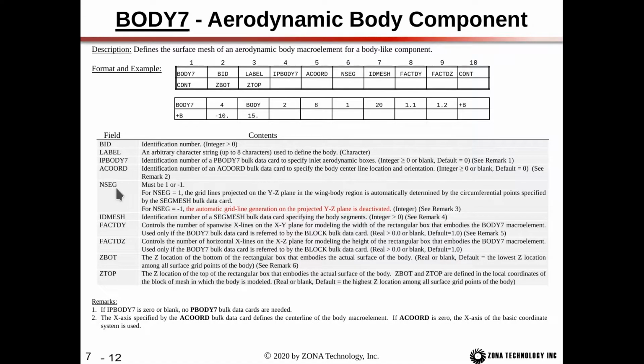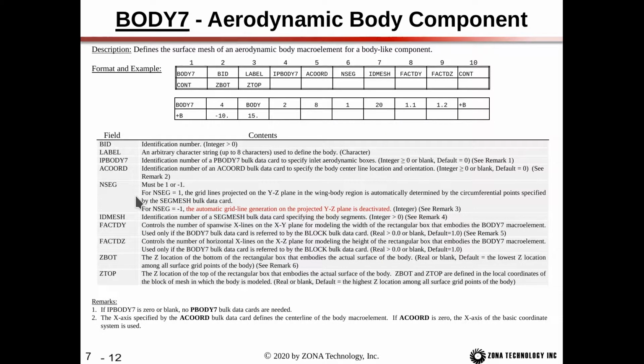Next we have NSEG. It's called NSEG because it's the definitions left over from ZEUS, but in ZEUS we have the restriction that the number of segments of the body 7 must be equal to 1. So this NSEG must be either positive 1 or negative 1.